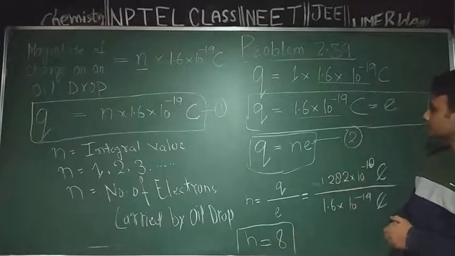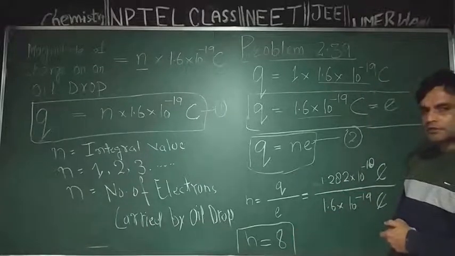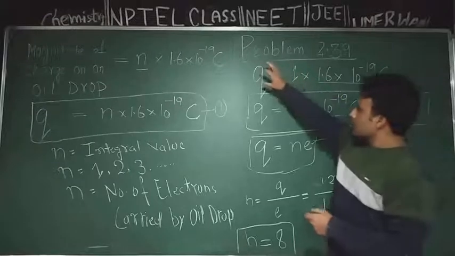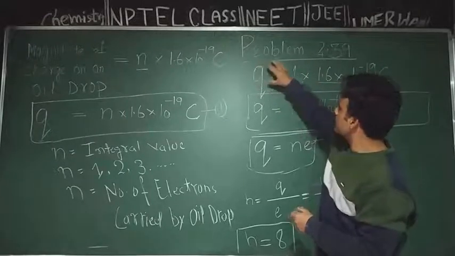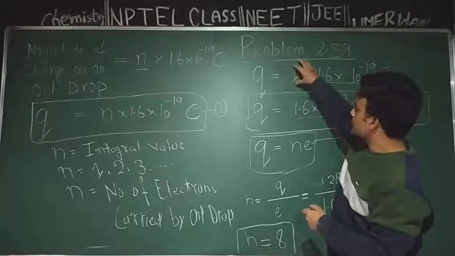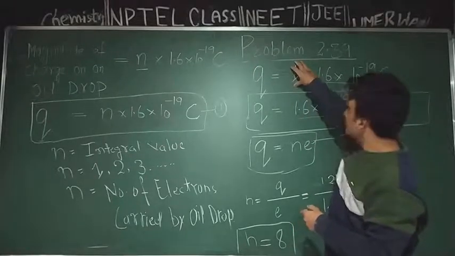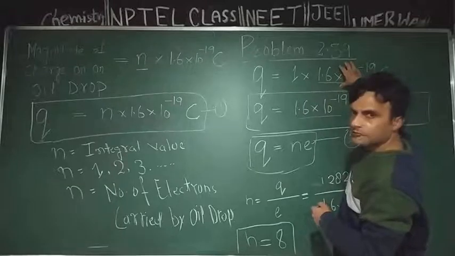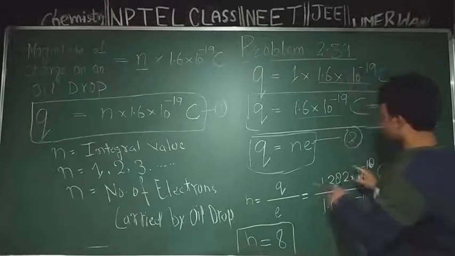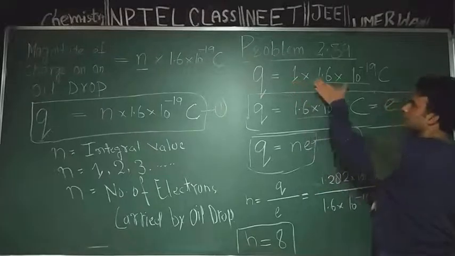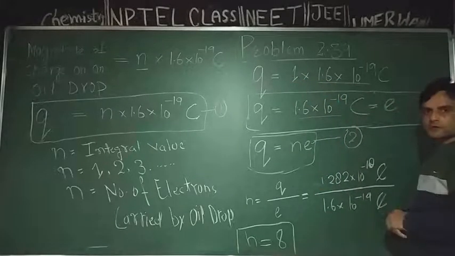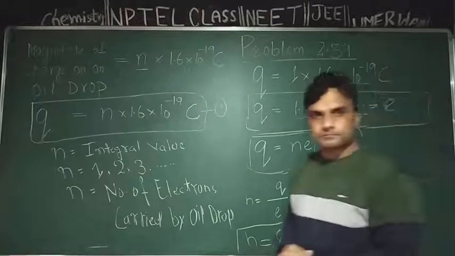And one more piece of information the data gives me is that in this experiment, the magnitude of charge on the oil drop was observed to be 8 times greater than the magnitude of charge carried by one electron. This value is 8 times 1.6 into 10 raised to power minus 19 coulombs.